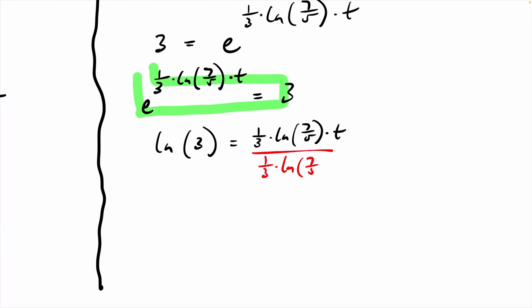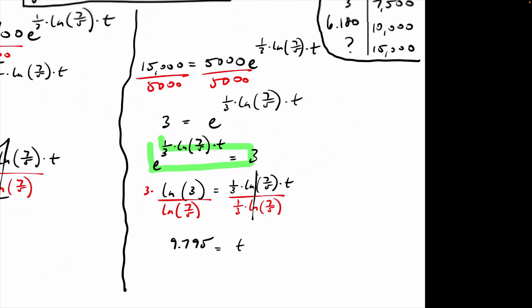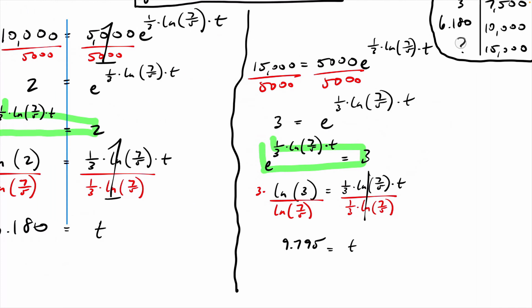So again, dividing by 1/3 is the same thing as multiplying by 3. Put that in your calculator, and you get 9.795.